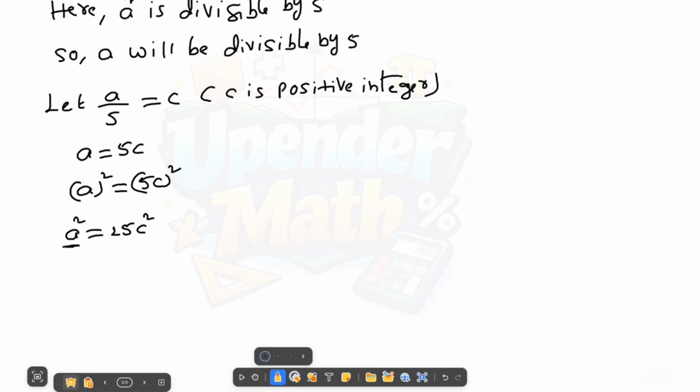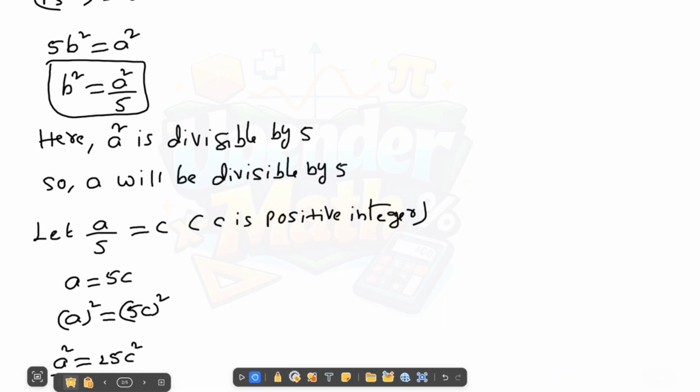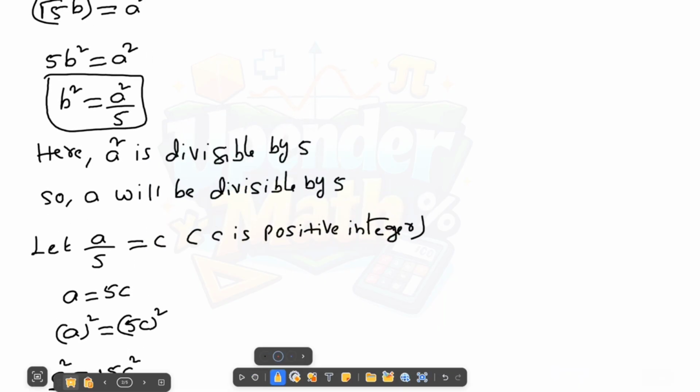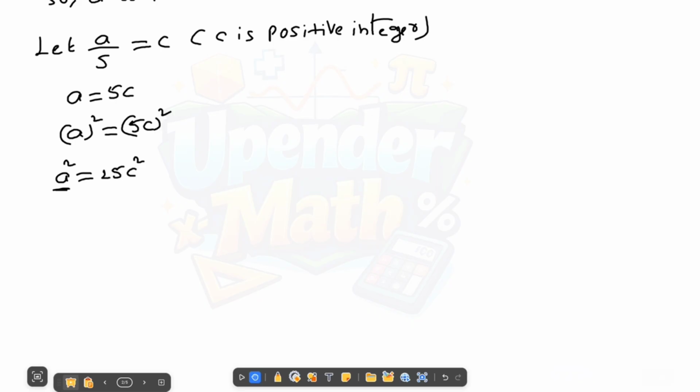Now replace a square with 5b square, because a square is equal to 5b square here. So we have proved here a square is equal to 5b square. So in place of a square, write 5b square. 5b square is equal to 25c square.